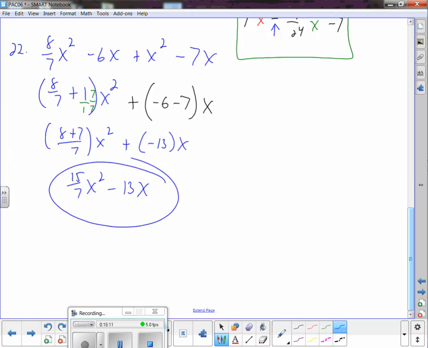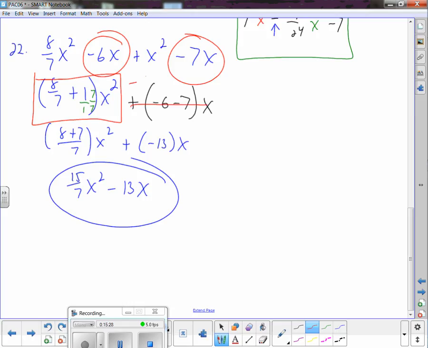Because, again, a positive times a negative is a negative. And by the way, follow me for a second. Honestly, if I were going to do this problem, I would do this part like this. But this part, I would say 6 negatives and 7 more negatives is 13 negatives of them. And I would do that for that part.